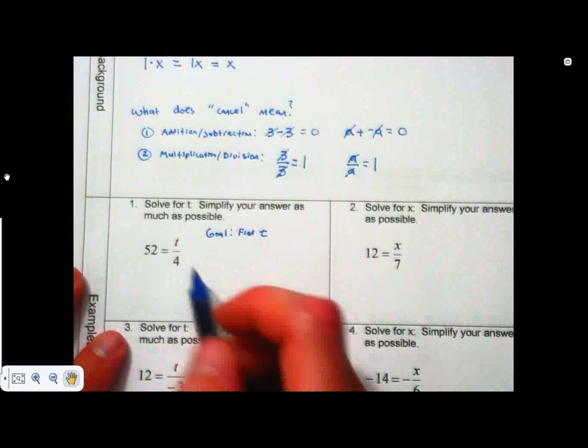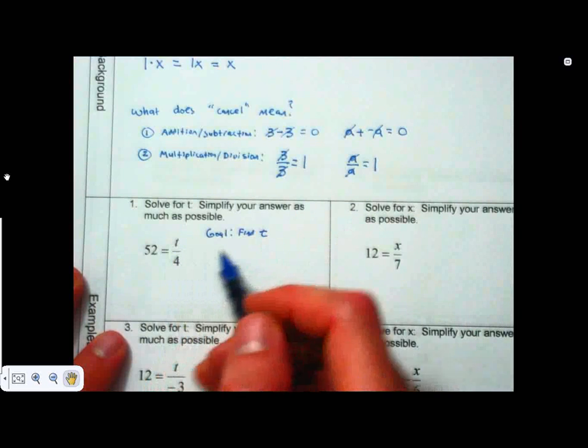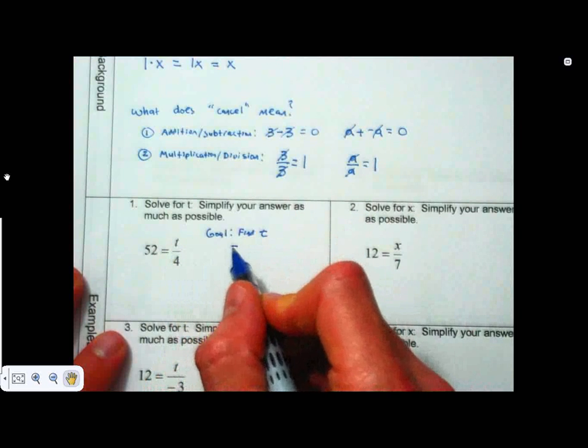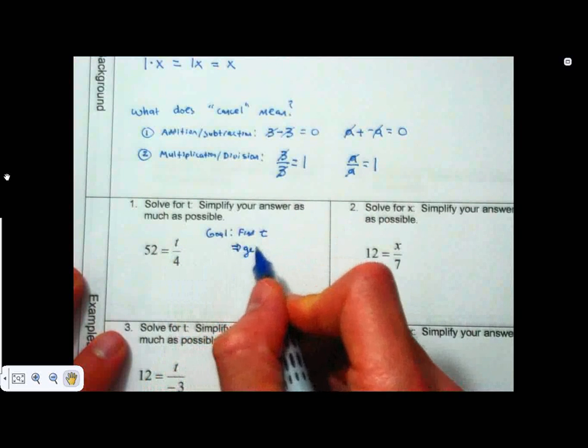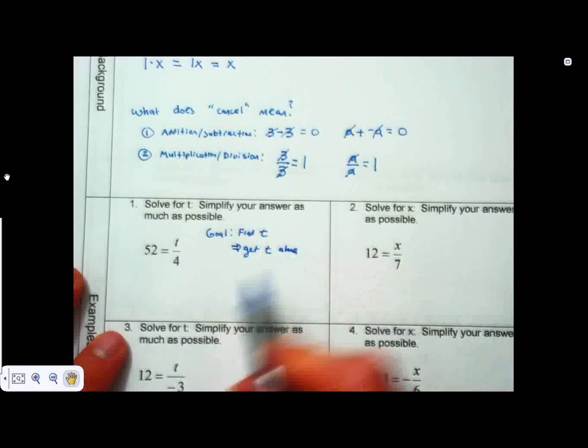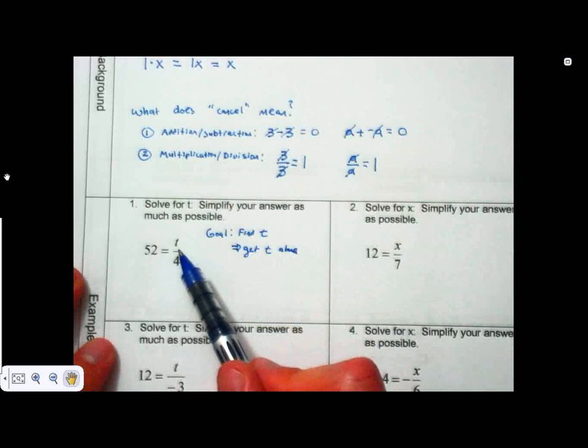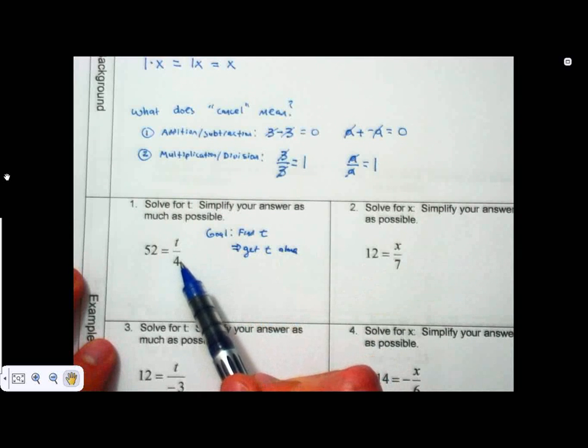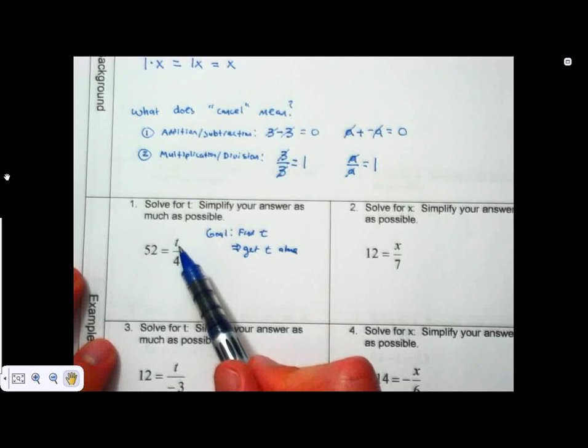My job is basically to get t alone. Now, in order to get it alone, I have to get rid of this division by 4. If I want to get rid of division by 4, what I can do is the opposite of division by 4, which is multiply both sides by 4.